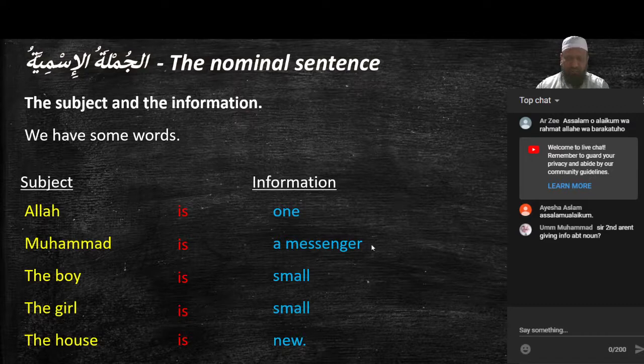So these words are information, more information about these words. The boy is small. One kind of information. The boy is old. We can say that. The boy is handsome. All these are information, yes.